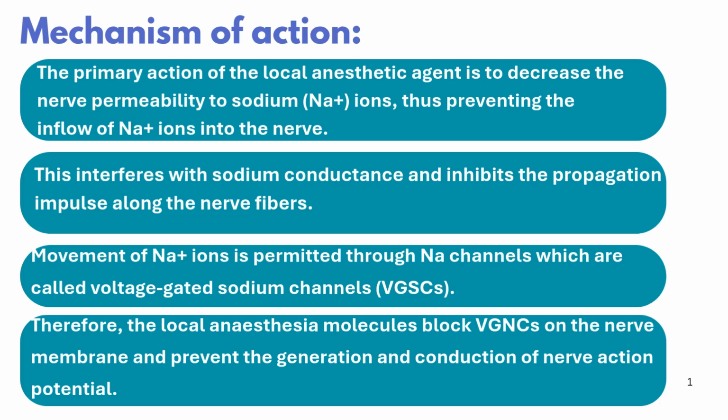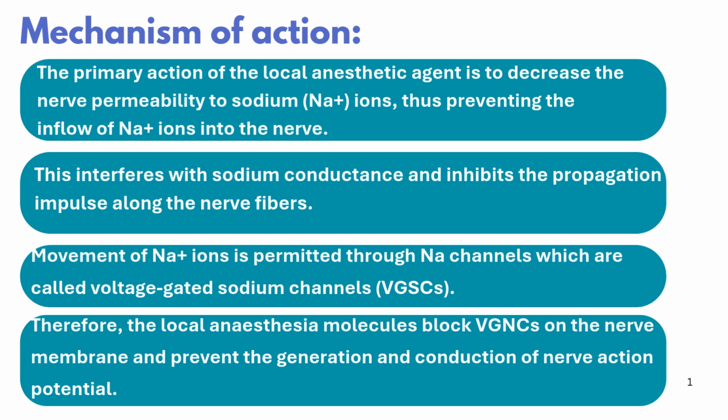So how does the local anesthetic work? The primary action of local anesthetic agents is that they decrease the nerve permeability to the sodium ion. So you know the action potential and the transmission of the sensation or of pain.